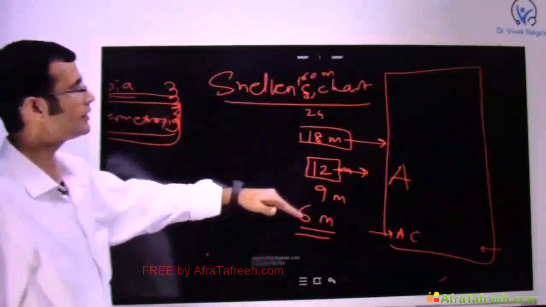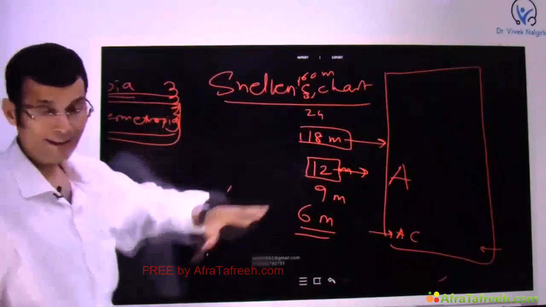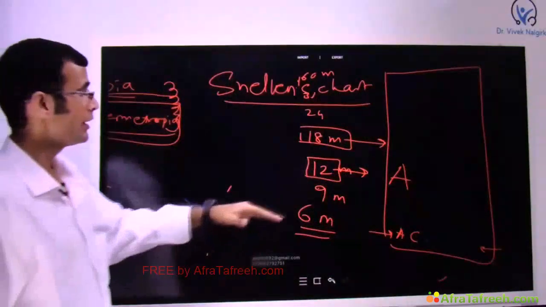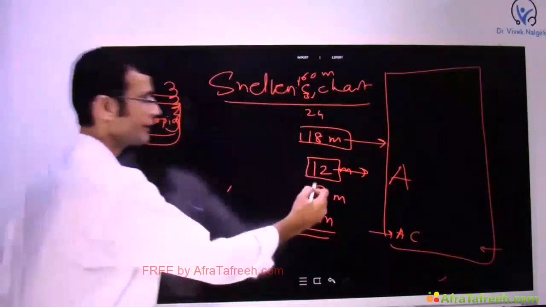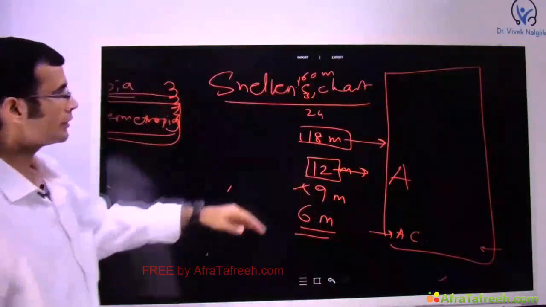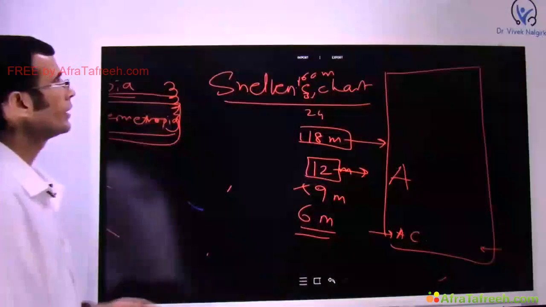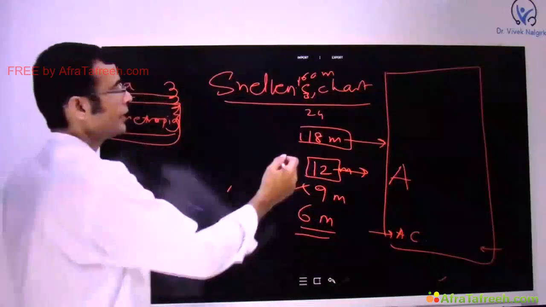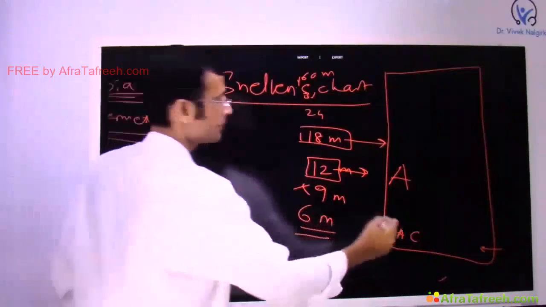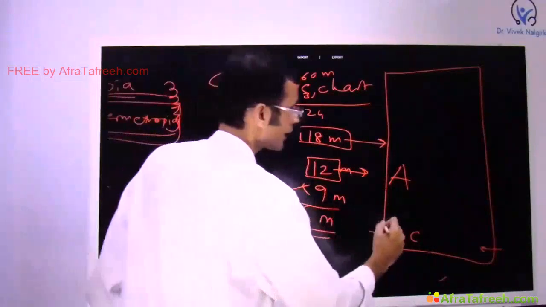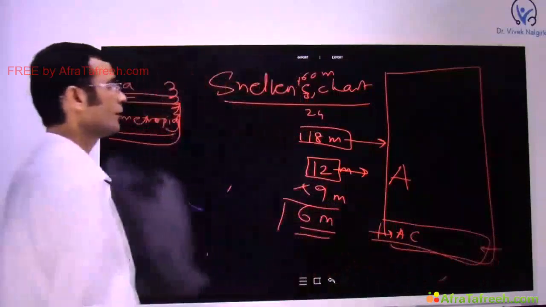Why have the letters been constructed at distances of multiples of 6, barring this 9 meters? The reason is, the normal person can read the lowermost, the last line from 6 meters.